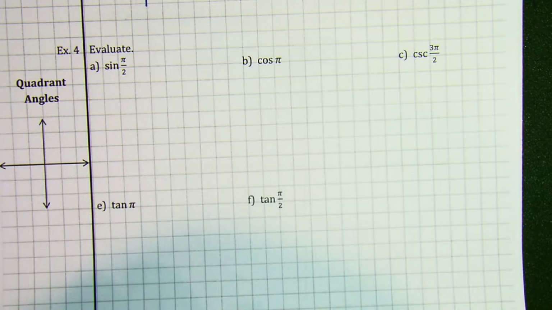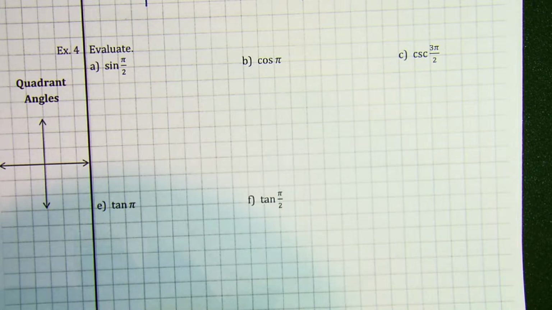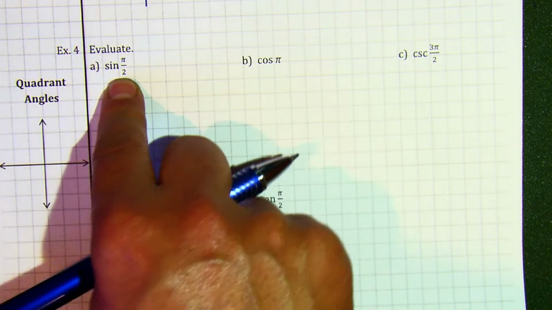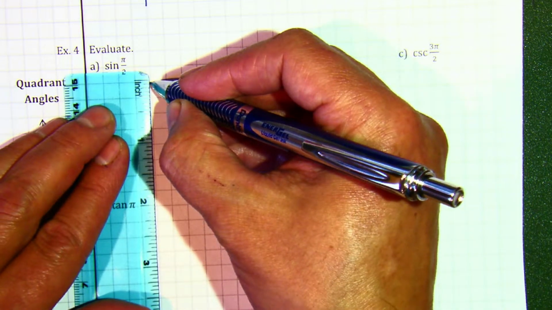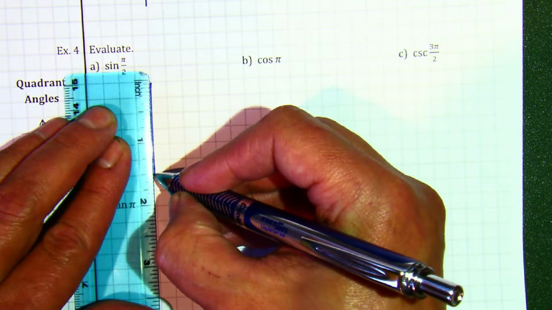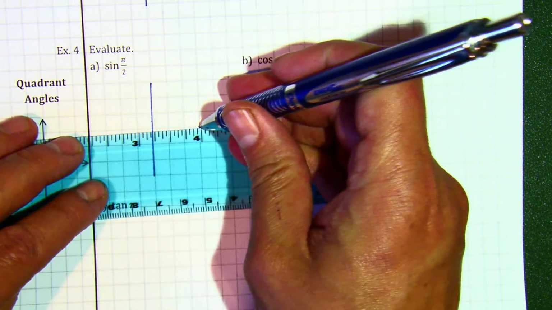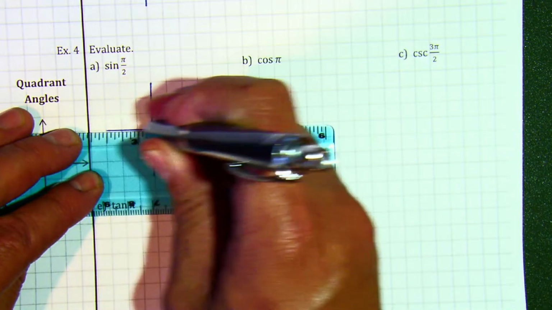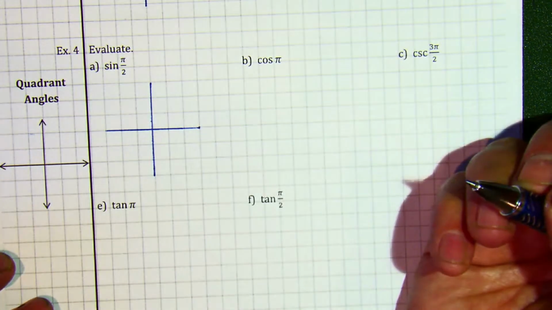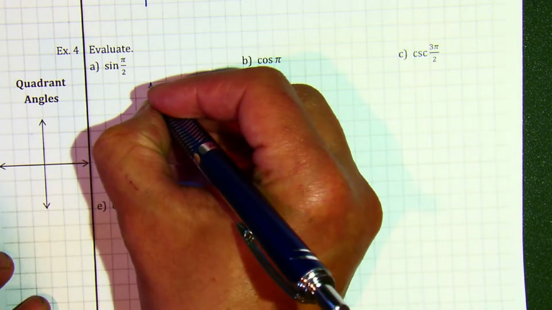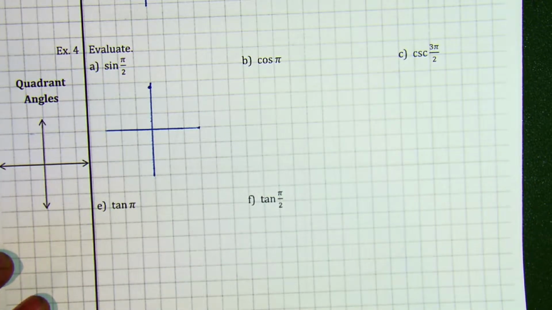When I need to evaluate sine of pi over 2, you want to be able to place an x and y axis. And sine of pi over 2 is up here. So therefore, there's no triangle.